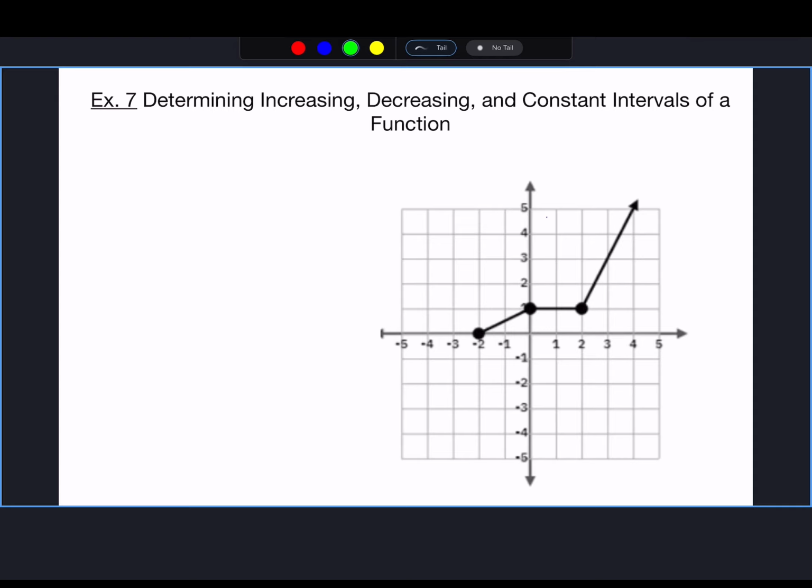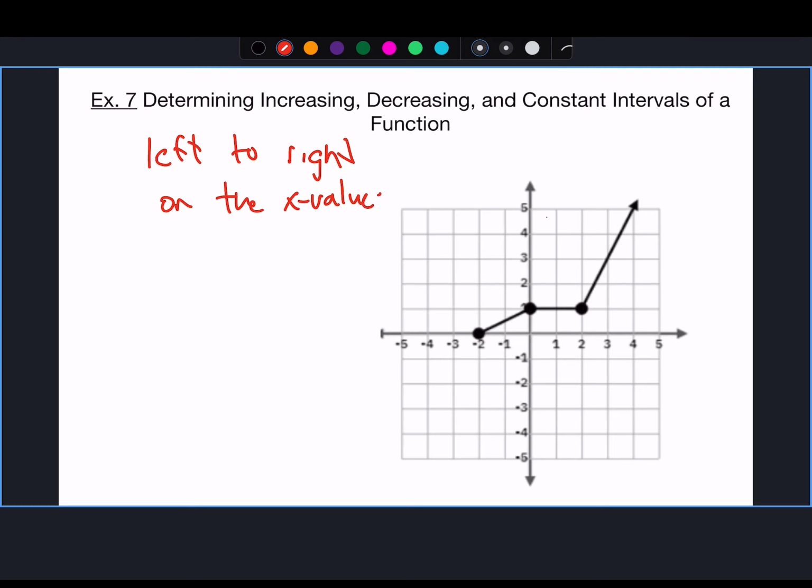Okay, we want to determine how the function increases, decreases, or stays constant. And we use intervals of the domain to discuss that. So we do it from left to right on the x values, and we track the y values.